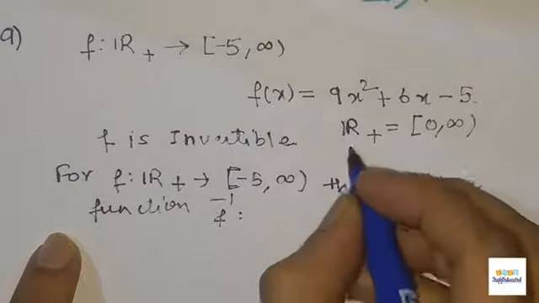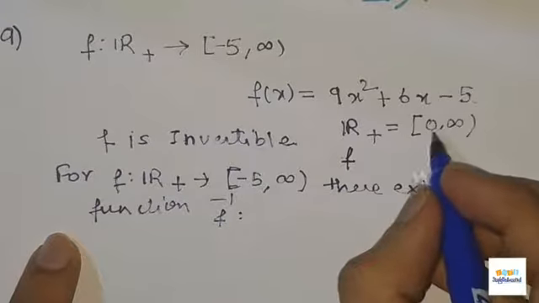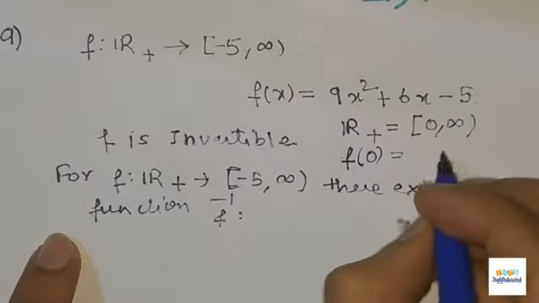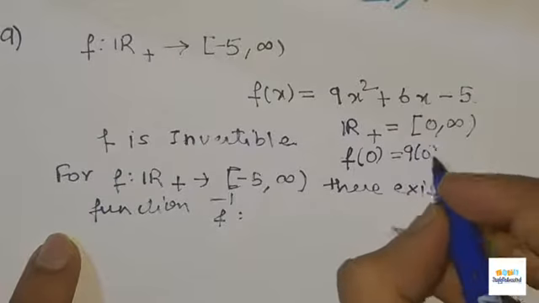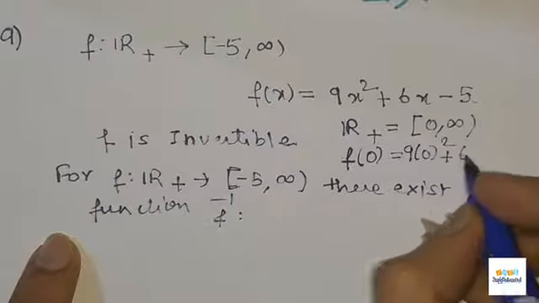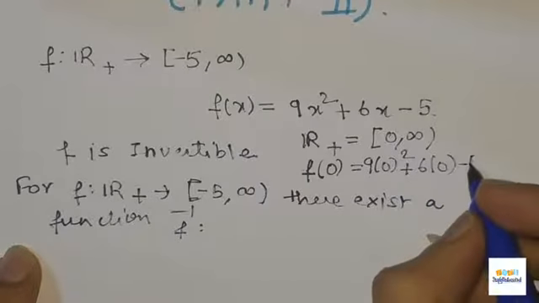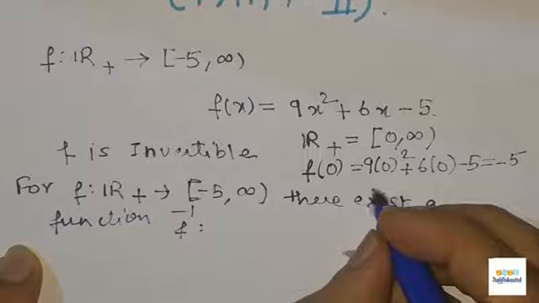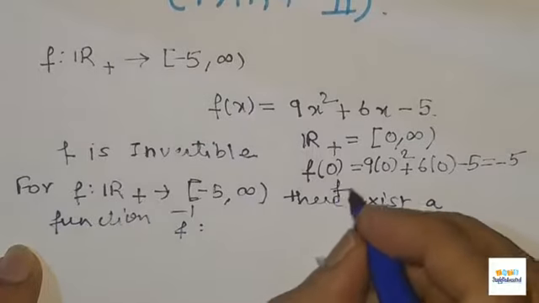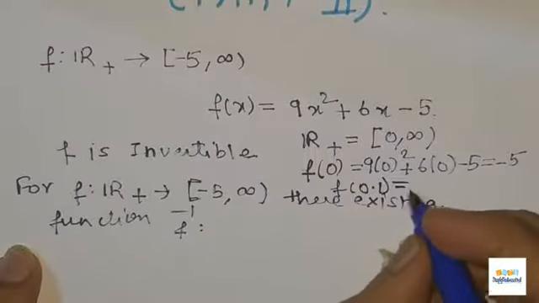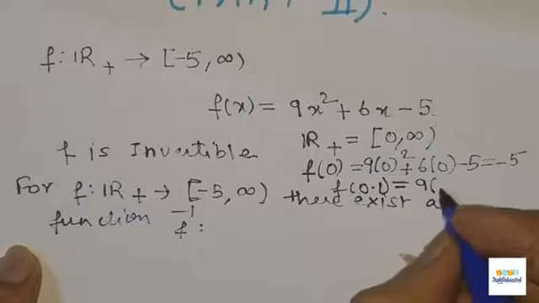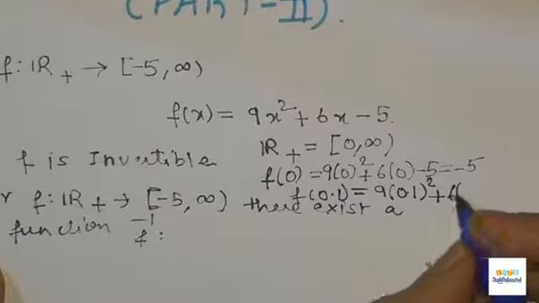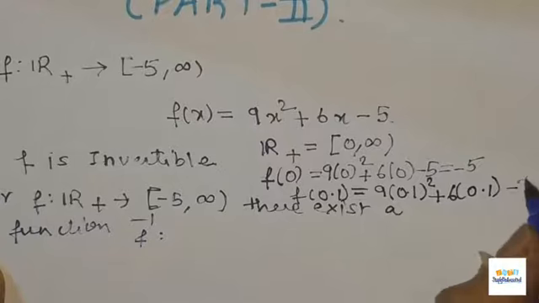Now if we take the function values for some points, let us take the first point, that means 0. So f(0) will be 9 multiplied by 0 square plus 6 into 0 minus 5, so that is -5 here. Then we can take some other value, 0.1. What will you get as the function value? 9 multiplied by 0.1 square plus 6 multiplied by 0.1 minus 5.